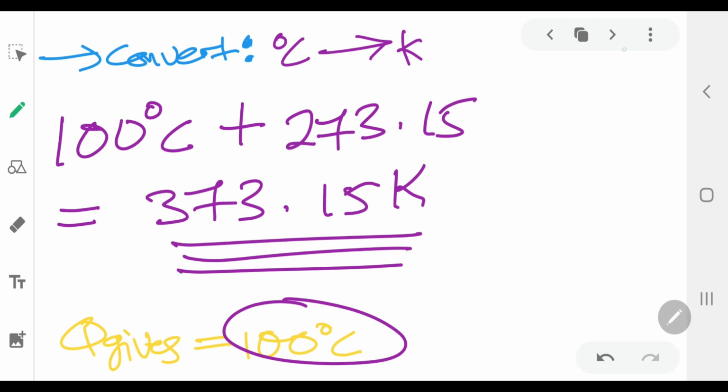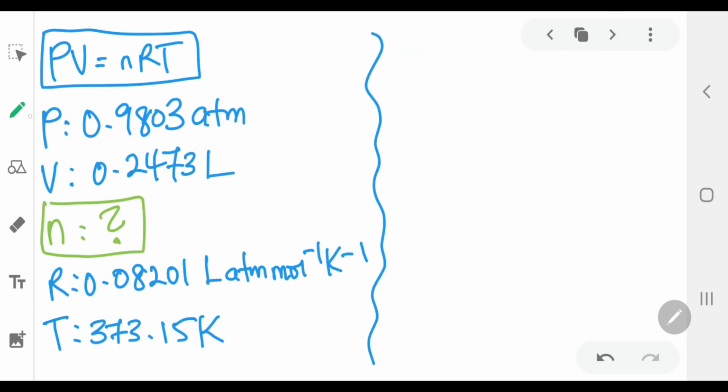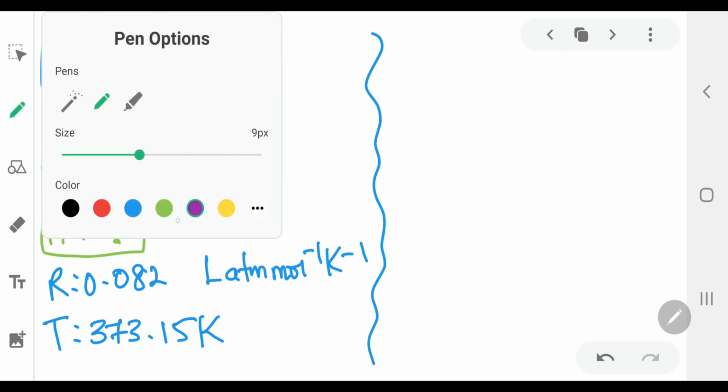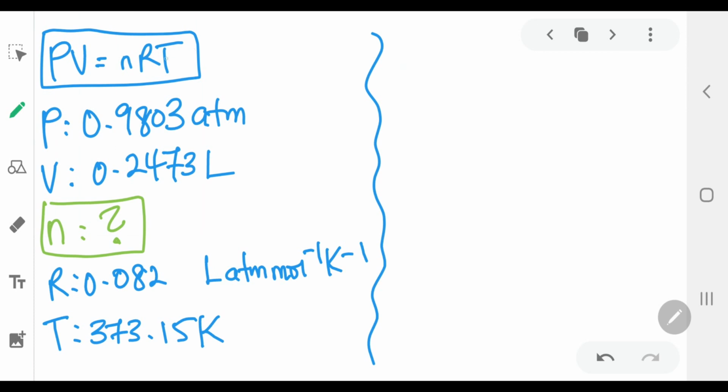So we have converted all the things that we want to convert. We want to find n, so you rearrange.